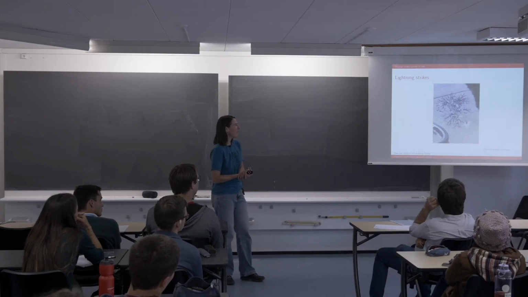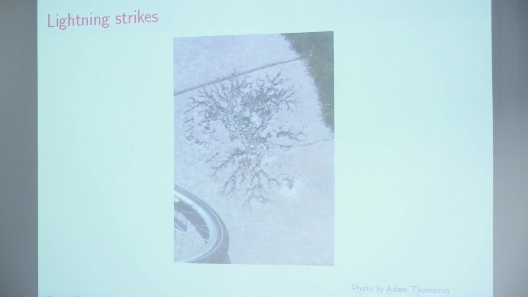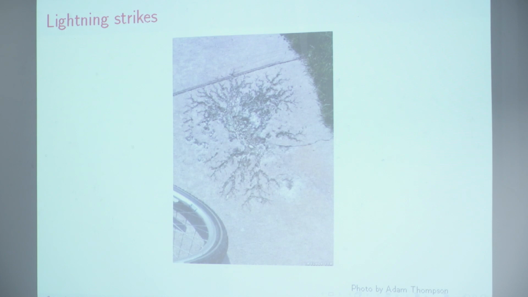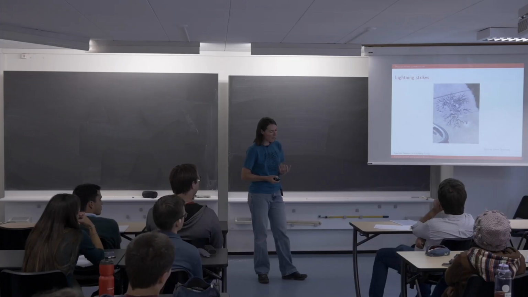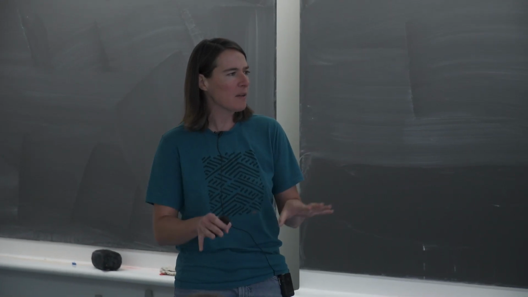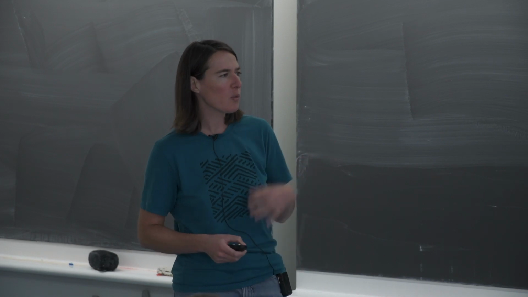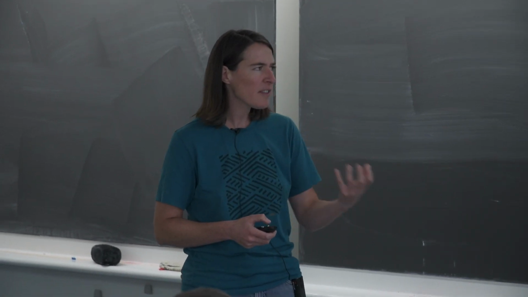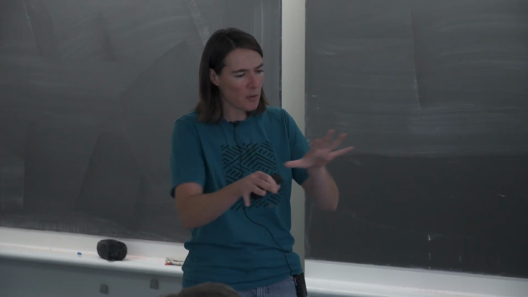Now, lightning might not seem like a random growth process. If you think about lightning striking, this might not be an obvious example of random growth, but actually you can view lightning as a random growth process in the sense that when lightning strikes, the charges sort of explore the environment and they pick routes which have the least resistance, and those charges follow along those routes.